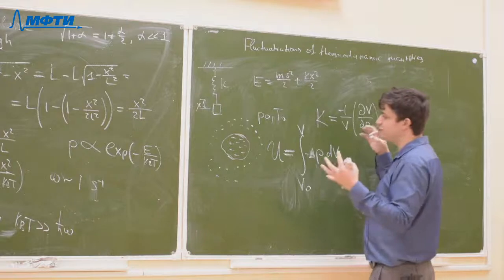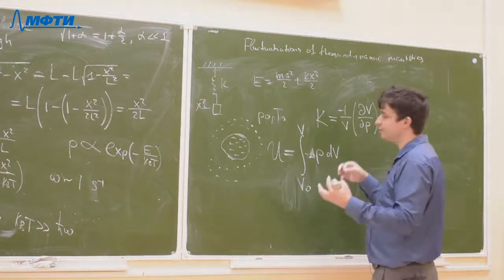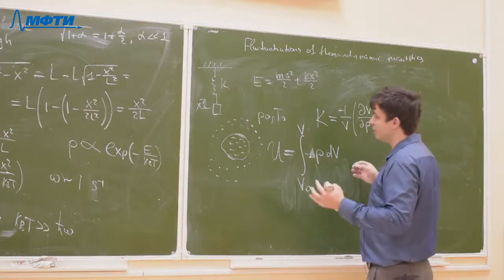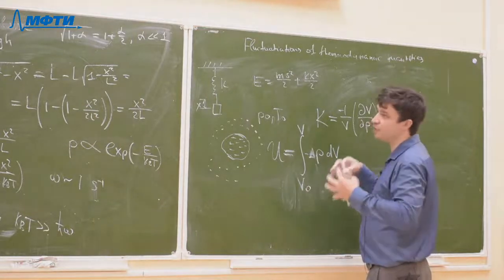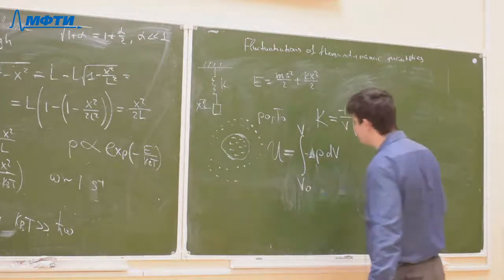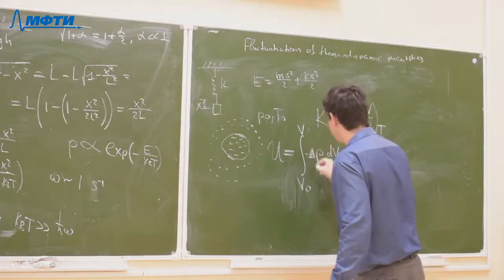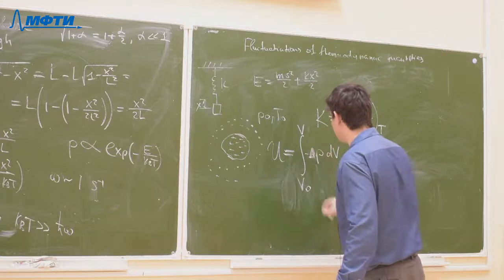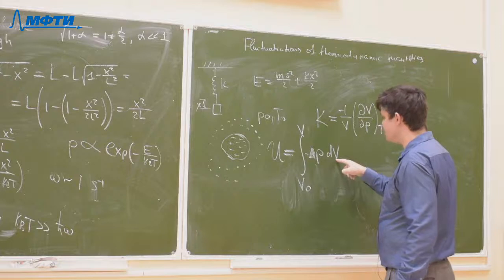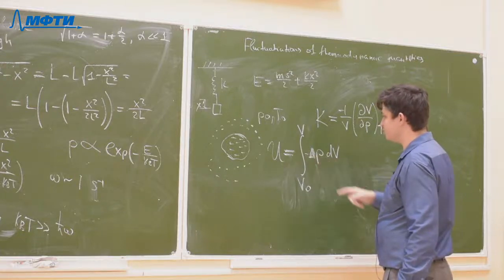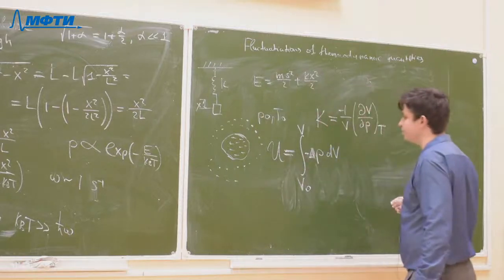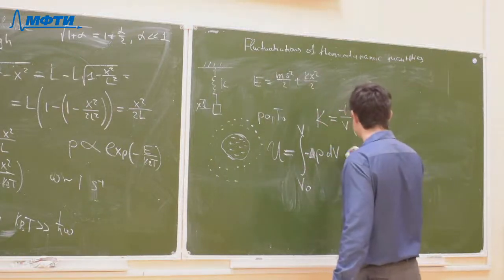When dV is negative, in a process of contraction, that means we need to apply additional external pressure to contract our fluid. Then when dV is negative, the work should be positive. So I write here minus delta P multiplied by dV.